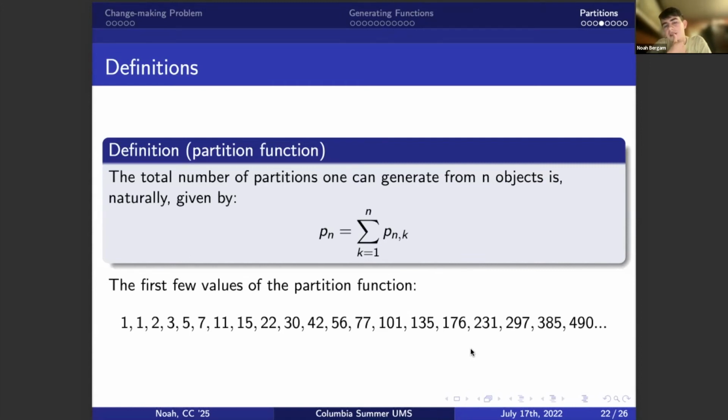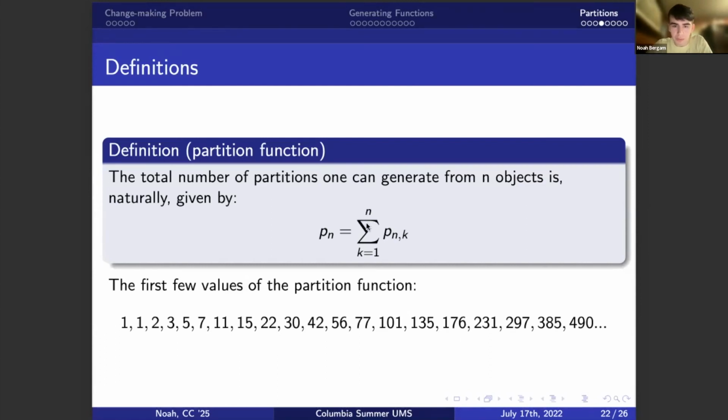But it's particularly hard to actually find a closed form expression for Pn. That's where the mathematical quest really begins with this subject, trying to find ways to express the partition function.